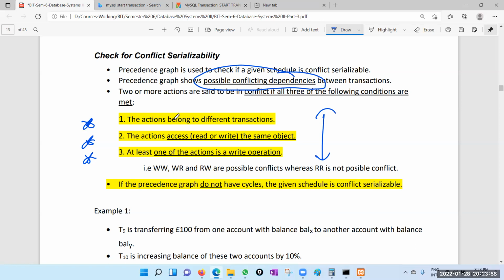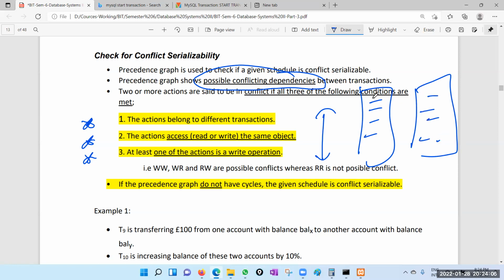Number one, the actions belong to different transactions. So we have two transactions, a set of actions here, a set of actions here. Actions within a transaction are never conflicting. So if two actions are in the same transaction, they are not going to potentially conflict.